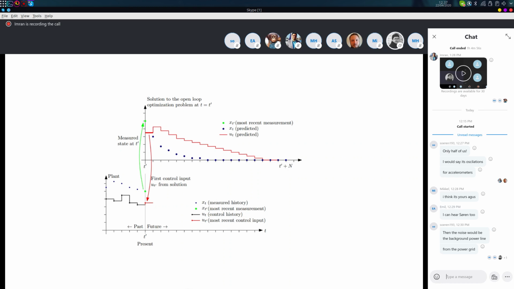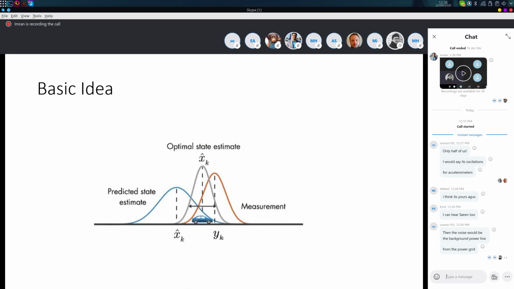And once you determine that it is Gaussian, you need to assume that the mean of the error is 0, and you know the covariance. Then you can just run your Kalman filter. Okay, thanks. This is the basic idea of Kalman filter.